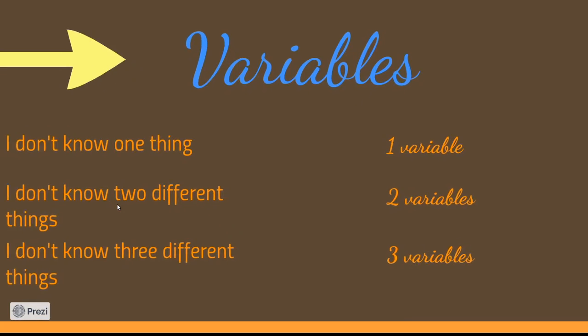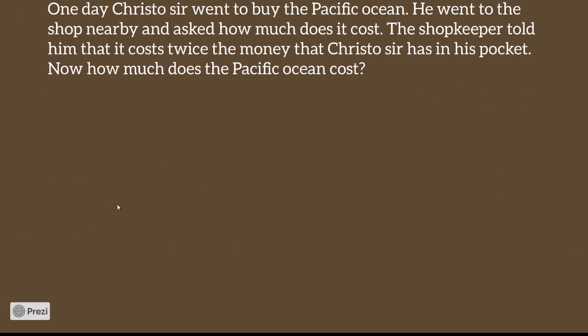Now let us look at one example. So one day, Krista sir went to buy the Pacific Ocean. He went to the shop nearby and asked how much it costs. The shopkeeper told him that it costs twice the money that Krista sir has in his pocket. Now, how much does the Pacific Ocean cost?